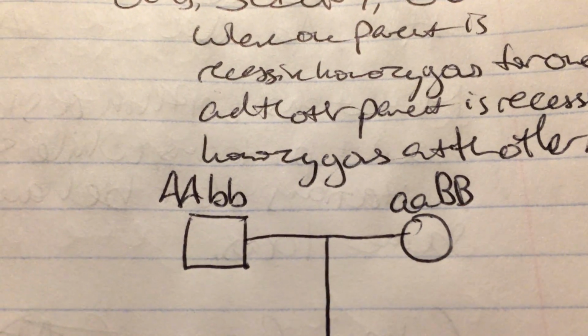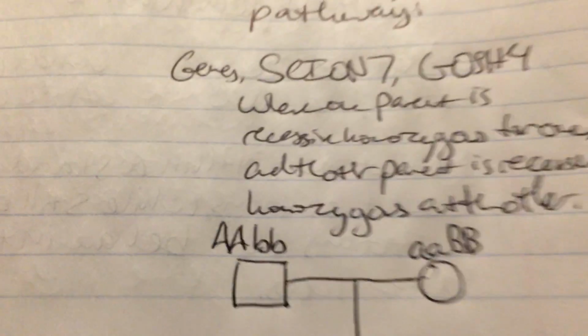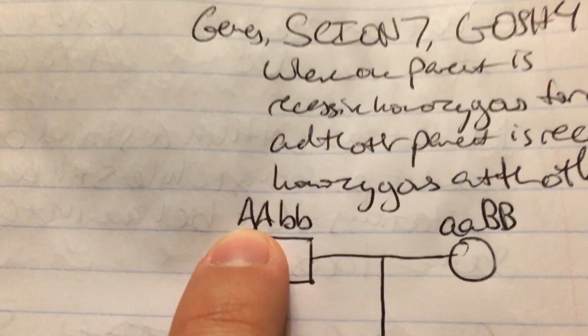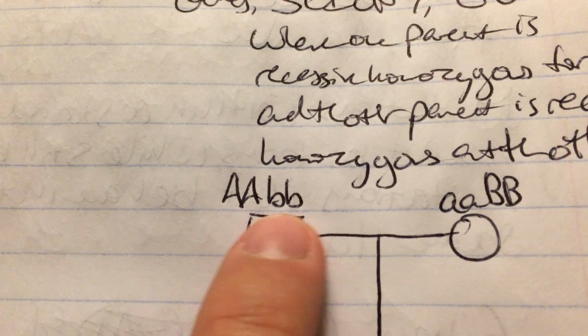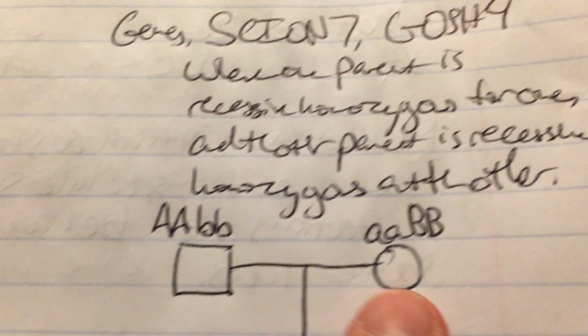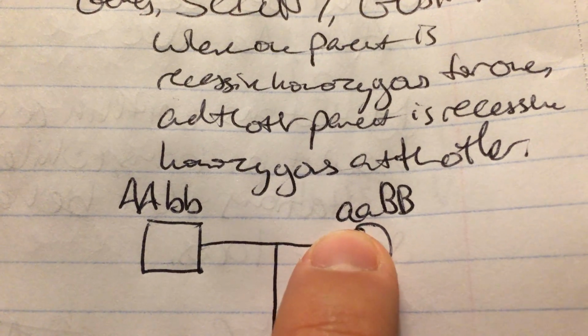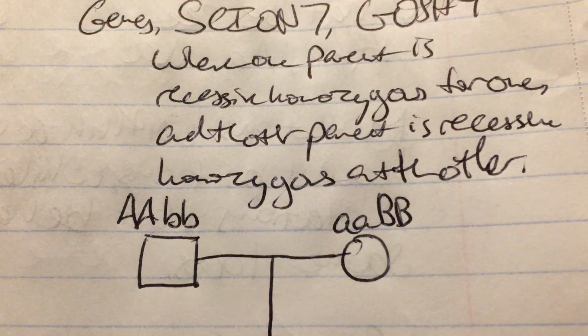However, their children will inherit one capital A from the father and one lowercase b from the father, one lowercase a from the mother, and one capital B from the mother.